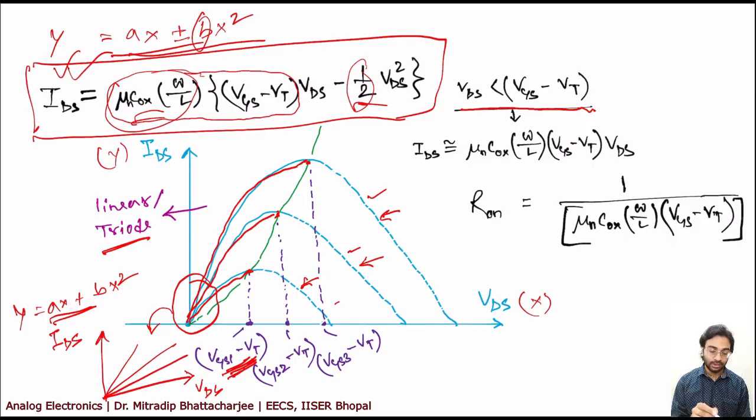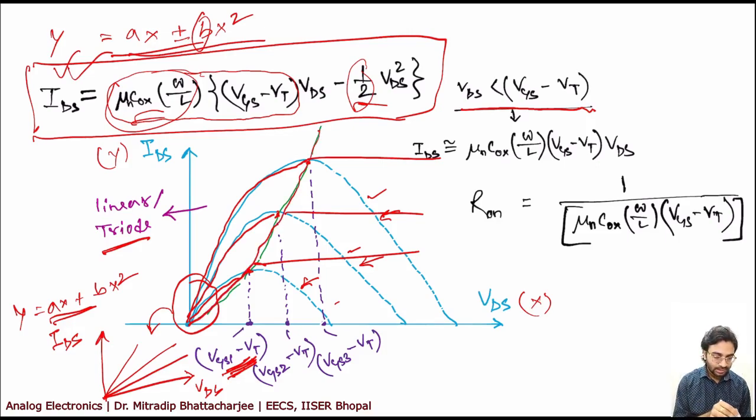This is not valid, because once VDS becomes greater than VGS minus VT, you enter into the saturation region, and your equation also changes because of device properties, because of device mechanism. So up to this much in the linear region, this is your equation and this is your curve, and that's why you see initially it is following one curve and then it changes to another. So you have two equations, in linear and saturation.